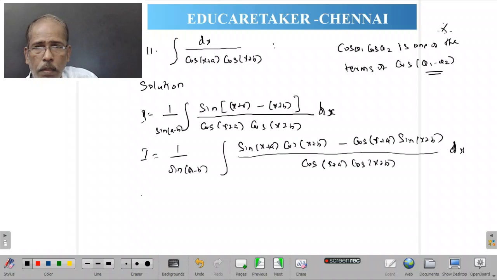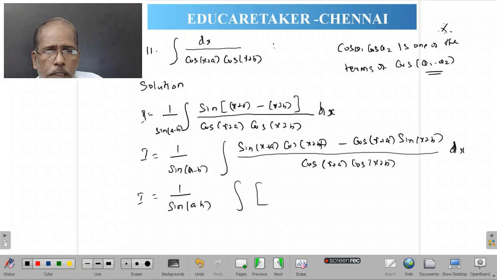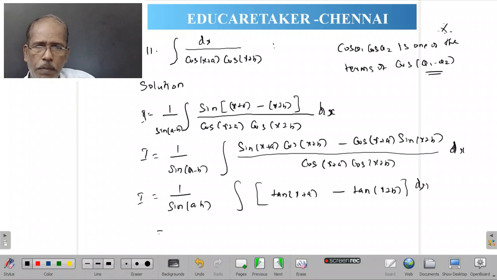Now we can split up 1 by sine of a minus b integral of: cos of x plus b cancels in the first term, sine by cos gives tan of x plus a, minus, cos of x plus a cancels in the second term, giving tan of x plus b. So we can integrate using the regular formula.